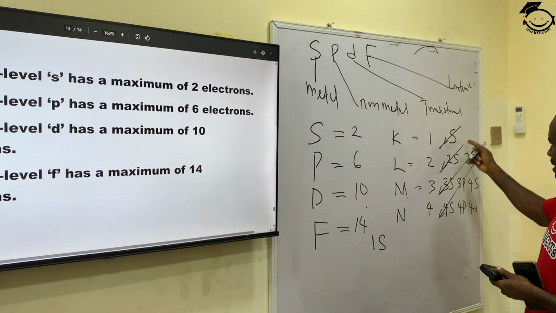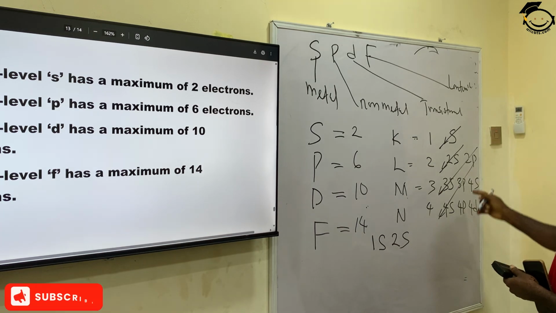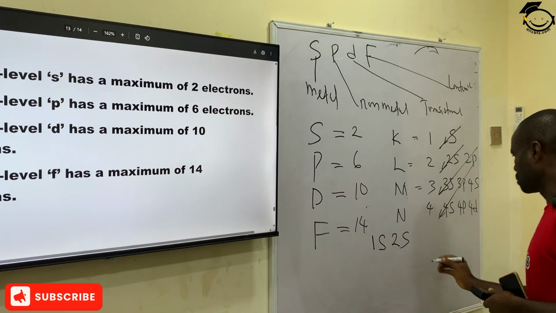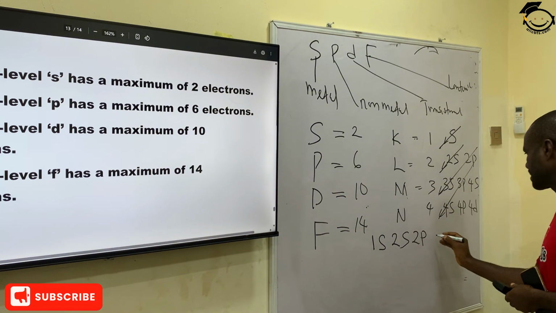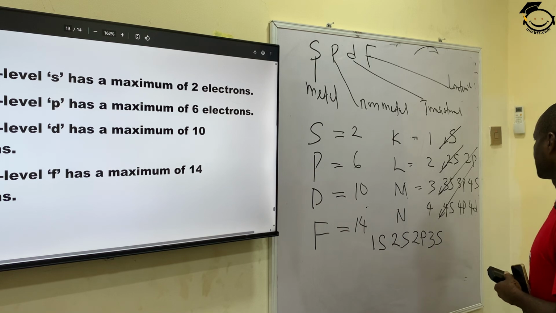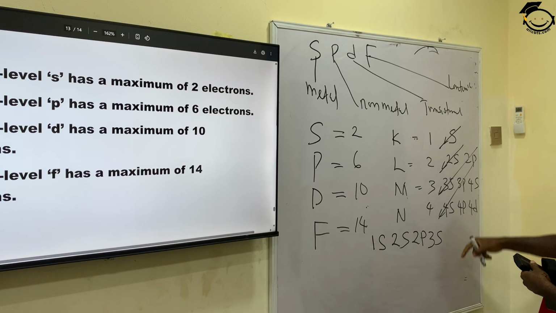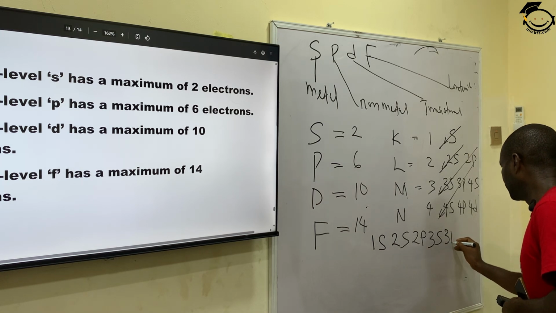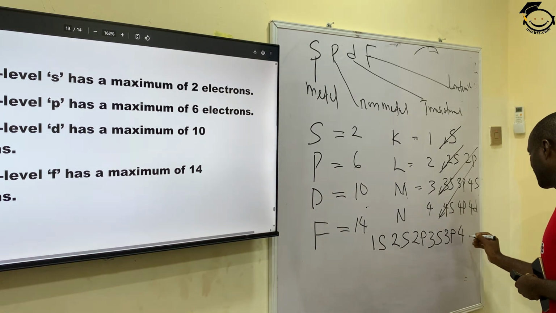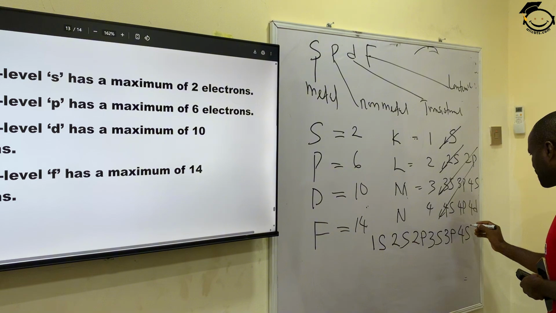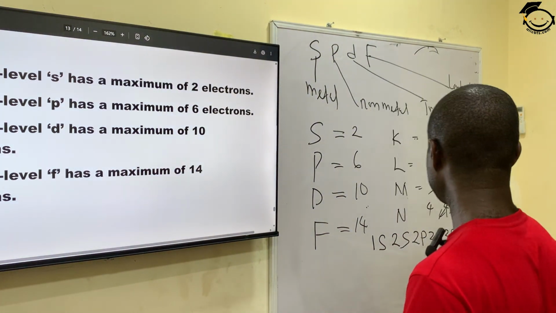The second one, you follow this trend, 2S, followed by 2P. Then after 2P is 3S. Then after 3S is 3P. Then after 3P is 4S. And so on and so forth, following this trend, depending on the number of electrons present in that element.